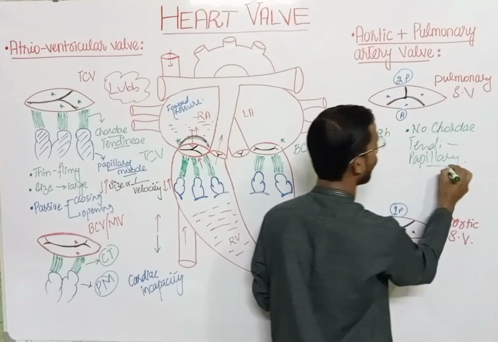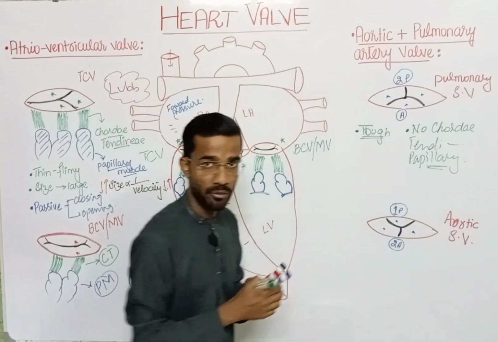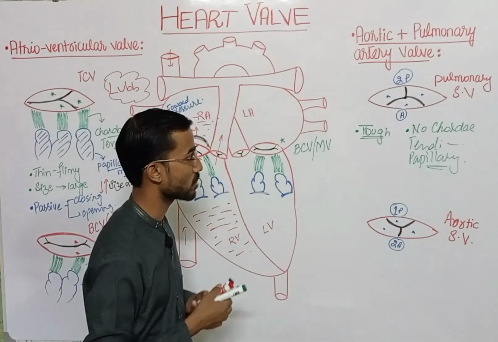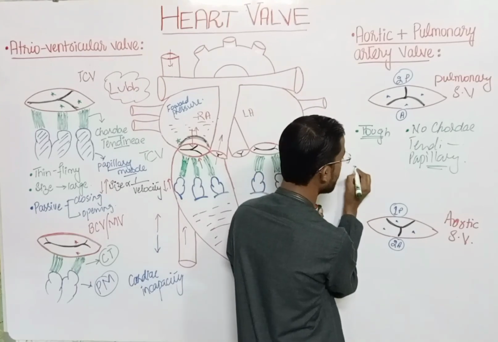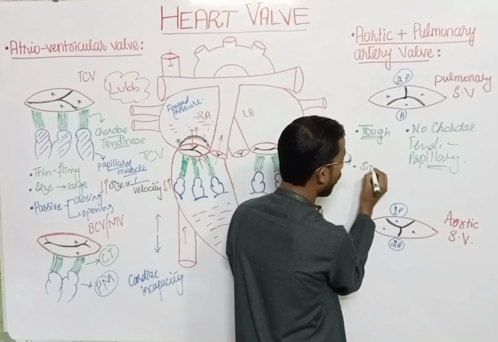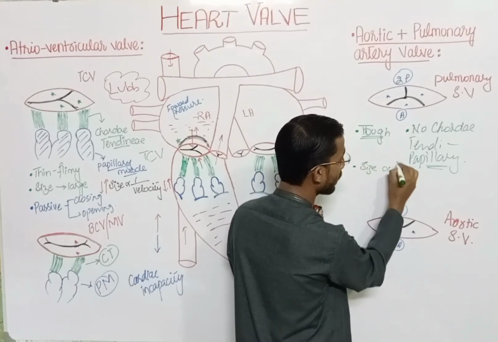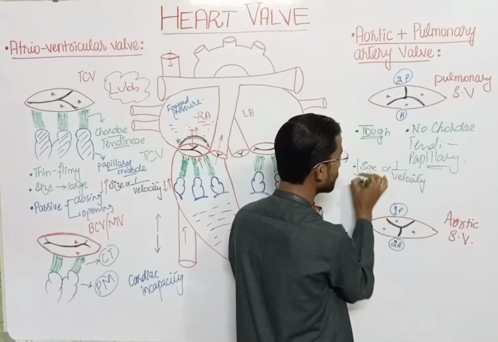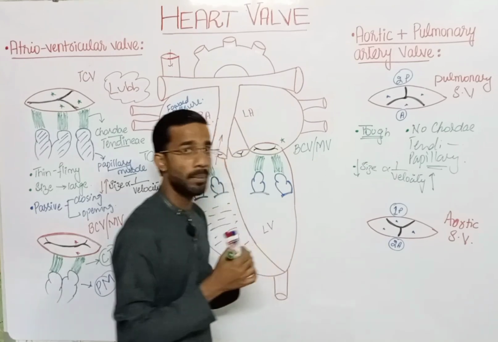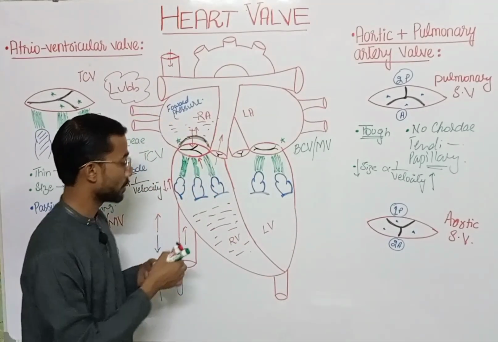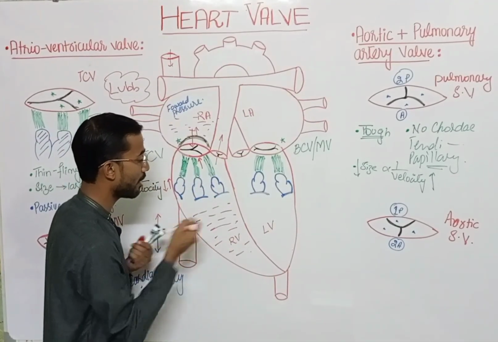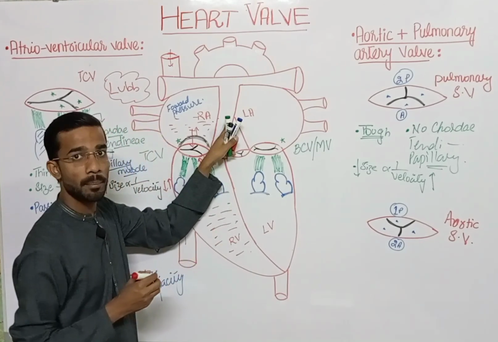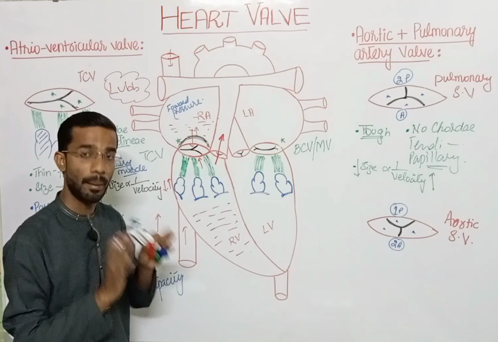There is no support for the semilunar valve, either pulmonary or aortic. In that situation the size of the valve is small. So what will be the effect on the velocity of the blood? Size is small, so the blood ejection will be rushed. At the right ventricle, the blood will enter into the pulmonary artery rapidly.